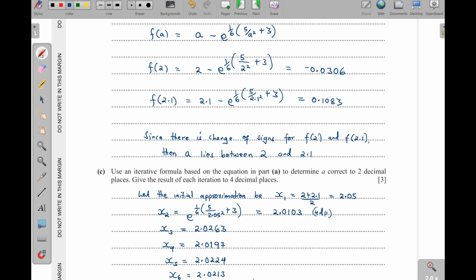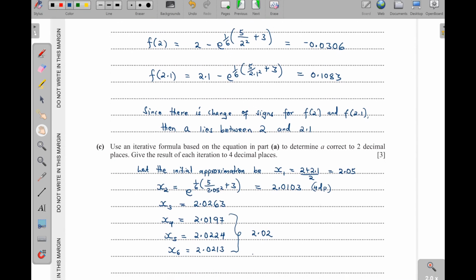Now, here we can see that to 2 decimal places, all of these 3 iterations are giving an answer to the same decimal places. So this is 2.02.